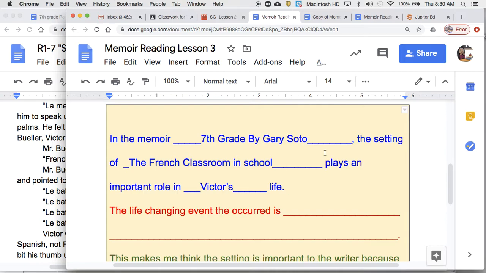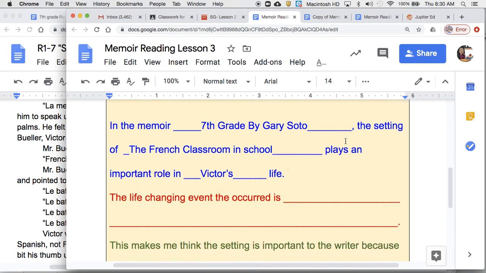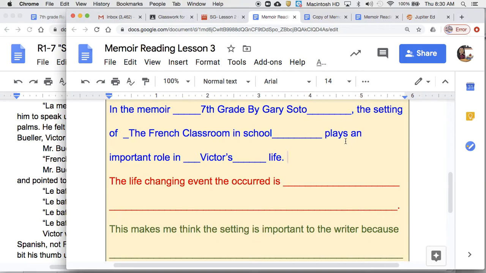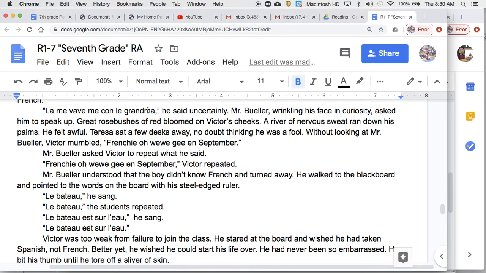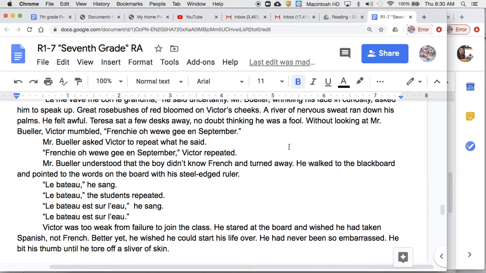The reason we're specifying characters is because there's a lot of characters that might be in a memoir. We need to make sure we know exactly which character we're focusing on and for which setting that it is that makes that difference. Then we need to think about the life-changing event. What happened was he was pretending that he spoke French because he wanted to impress Teresa, which was kind of embarrassing for him because he didn't speak it very well and he was extremely embarrassed. And in the text it says it over here, he had never been so embarrassed.